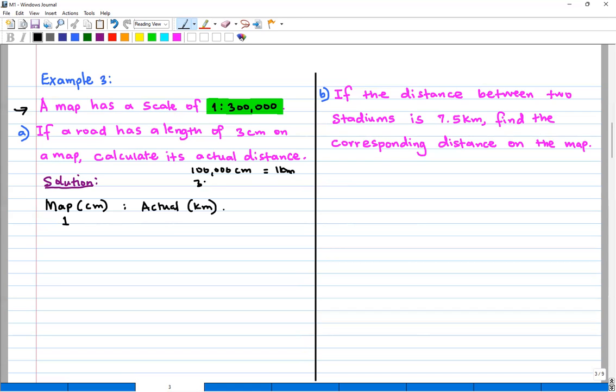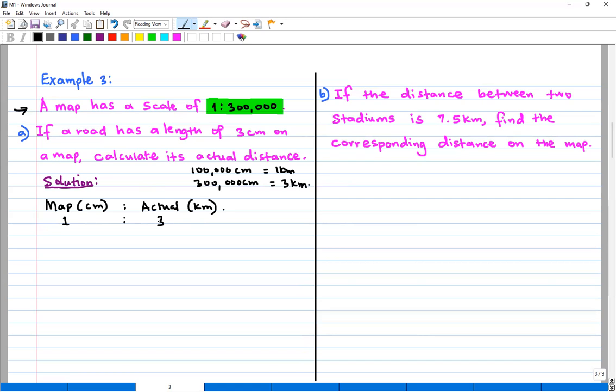So if we have 300,000 centimeters, we will have 3 kilometers. Now, instead of writing 300,000, let's write 3, but this 3 is in kilometers. Okay. Now, this is the first ratio.